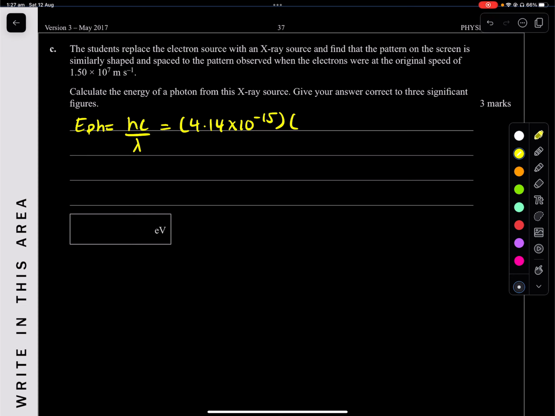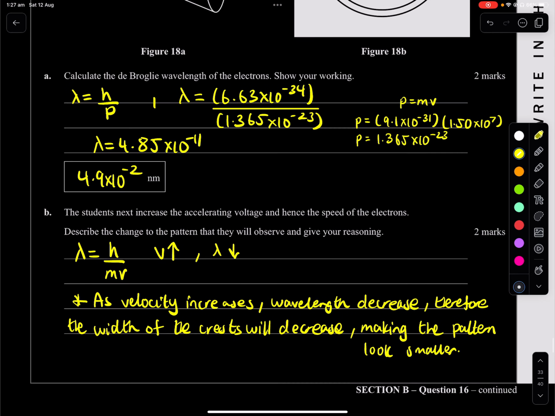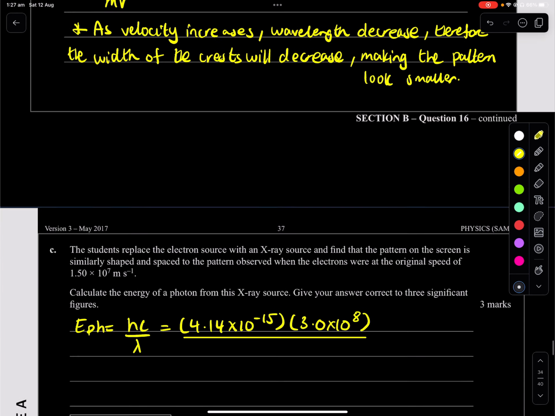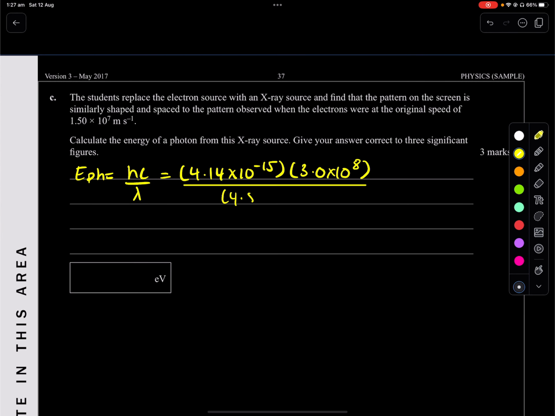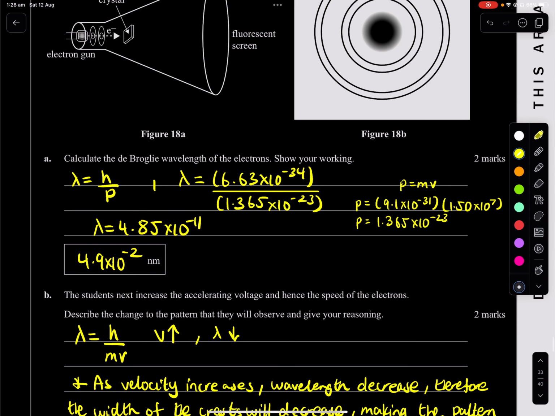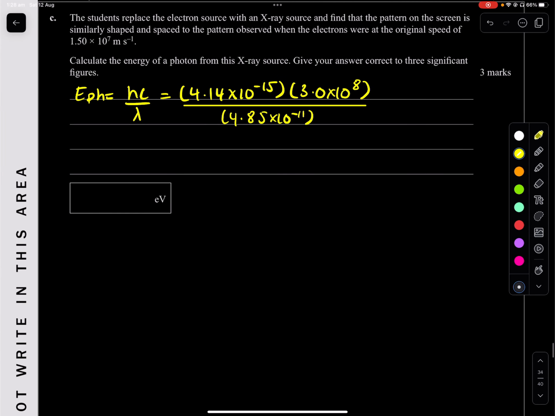So it's 3.0 times 10 to the power of 8 over your wavelength, which is the same, 4.85 times 10 to the negative 11. Doing this, it's that times 3.0 times 10 to the power of 18 over 4.85 times 10 to the negative 11.